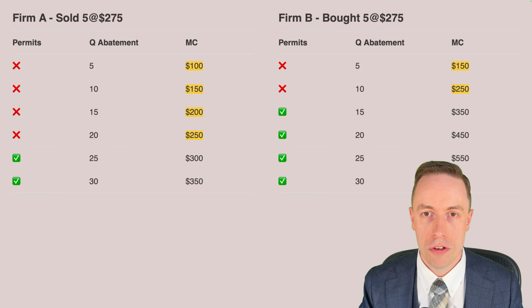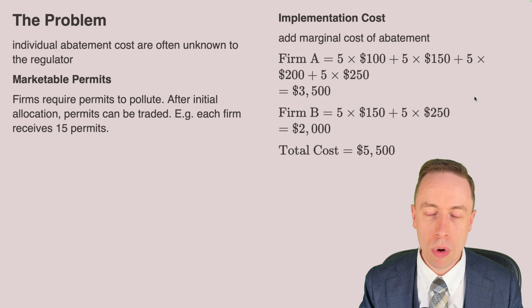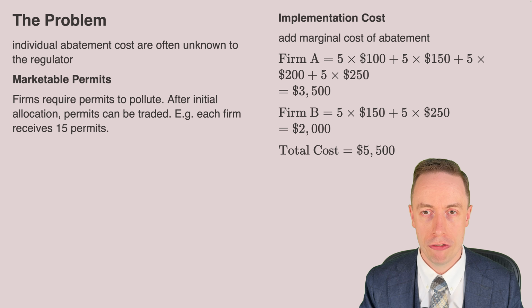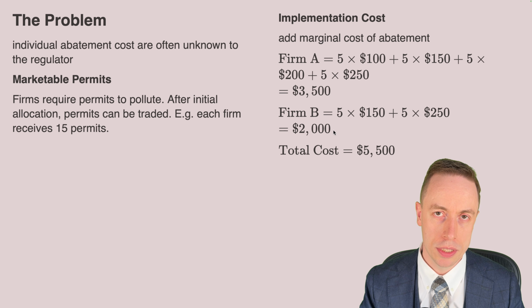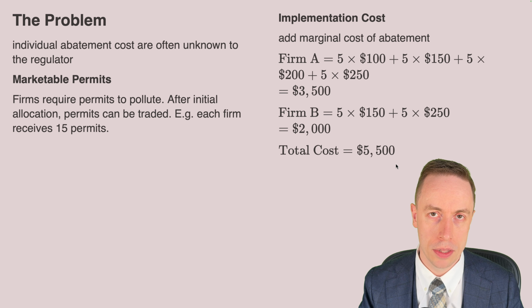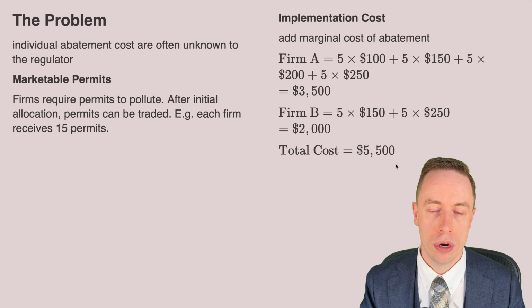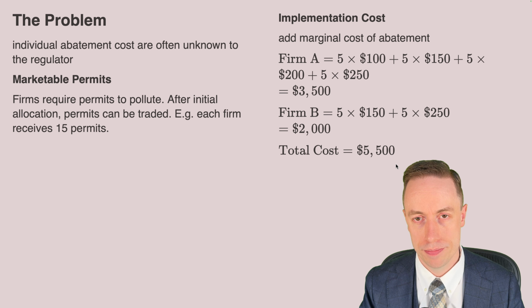So we add all of this together, and what we end up with are the exact same numbers in terms of social cost of cutting the pollution as under the pollution charge. Firm A cuts 20 units at a cost of $3,500. Firm B cuts 10 units at a cost of $2,000. Once again, we get that lower implementation cost of $5,500.